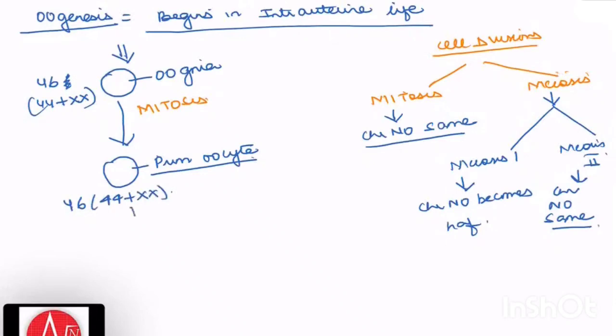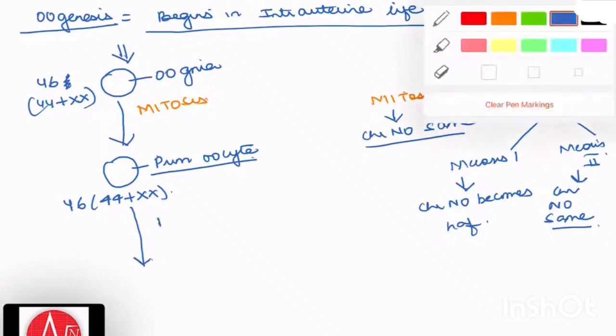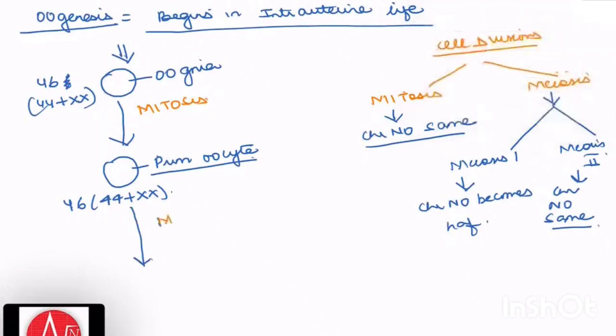Now, this primary oocyte will undergo meiosis 1. But this meiosis 1 gets arrested. Right? Meiosis 1 gets arrested.